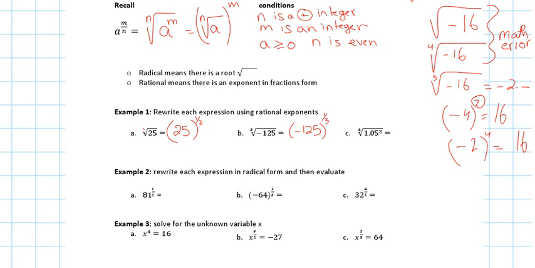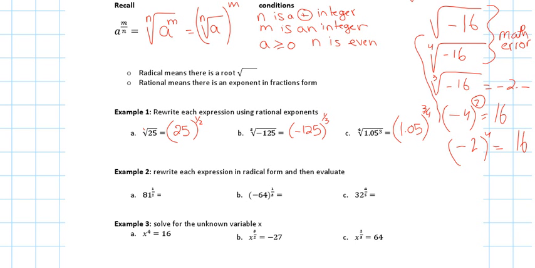So what would you do for C? 1.05 to the power of 3 by 4. Eyes on me for a second. To the power of, 3 goes on the numerator, 4 goes on the denominator, so it's 3 over 4.